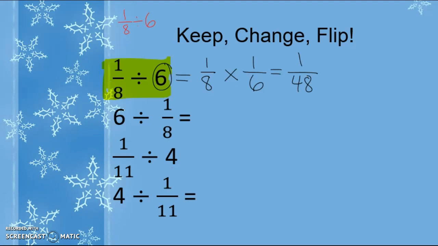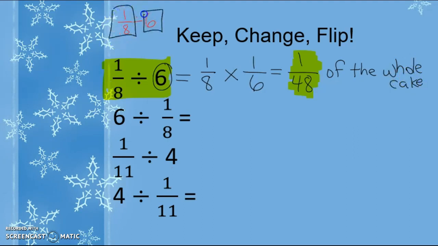Now we know that each one of Matthew's friends will receive 1/48 of the whole cake. So Matthew had 1/8 of a cake. He split that 1/8 into 6 equal pieces. And then we want to know what fraction of the whole cake are his friends going to have. They're going to have 1/48. Let's try the next one.